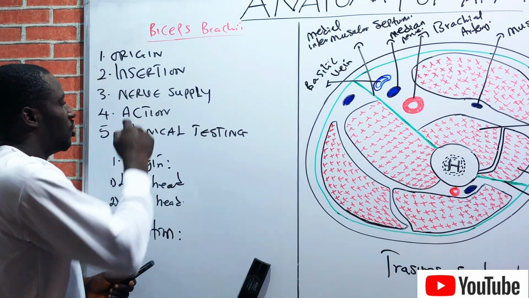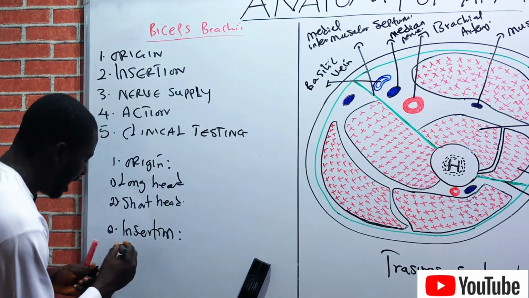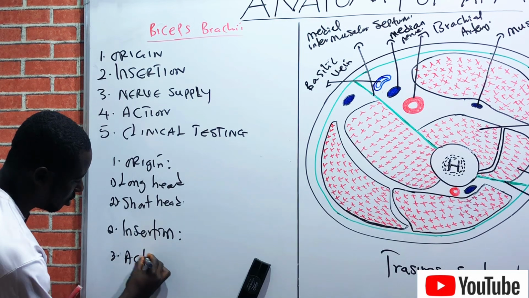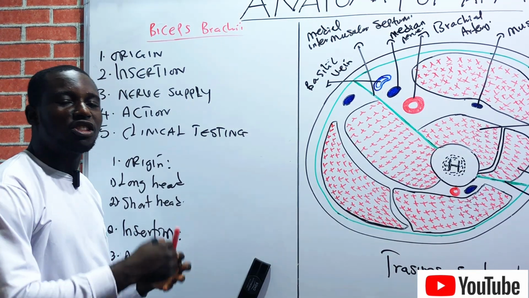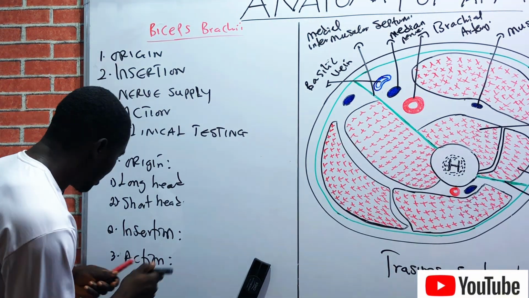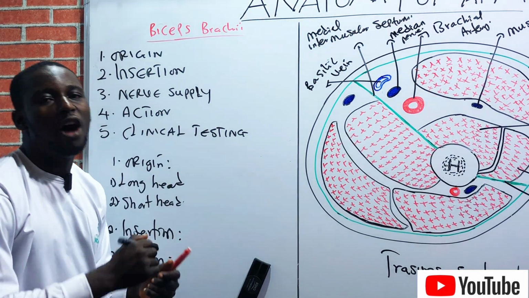Now we'll go to the action. What is the action of the biceps brachii? Number one, it is the strong supinator of the forearm.